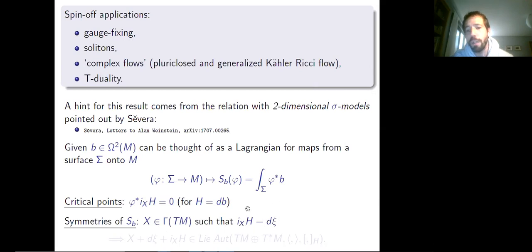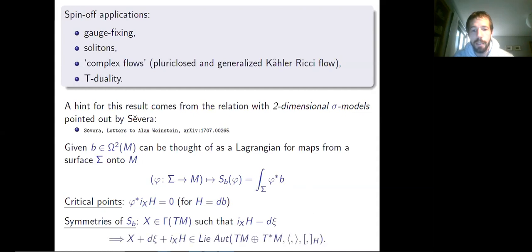If you have this equation, then of course this is going to give me directions in the space of maps. So if I have one of these vector fields, deforming a map along this vector field using its flow is going to give me a direction where my functional does not vary. So these are natural symmetries of this functional.